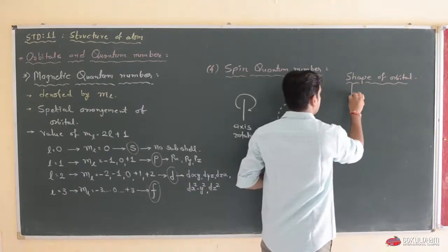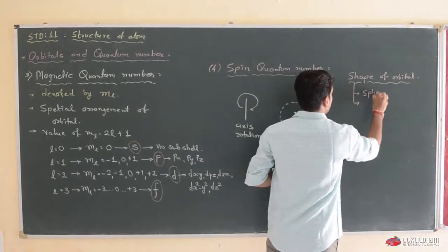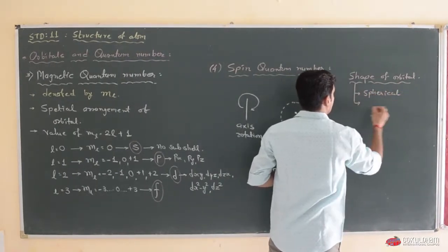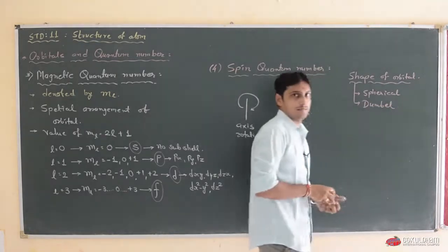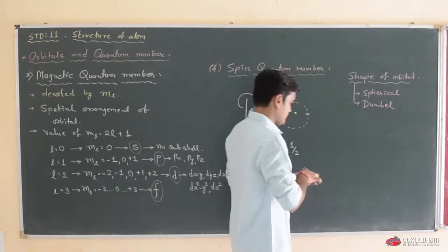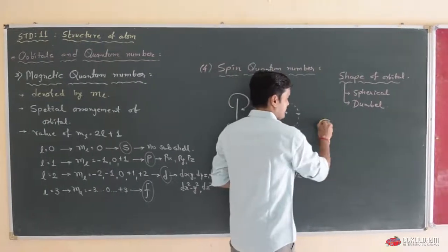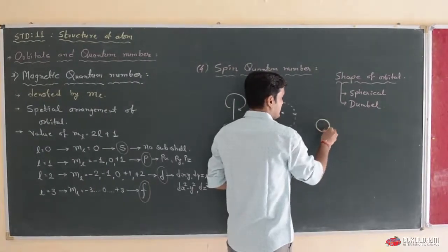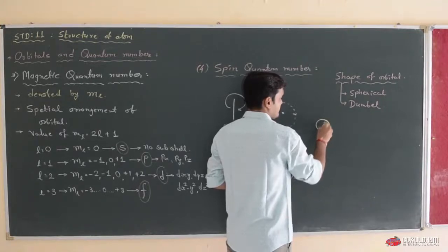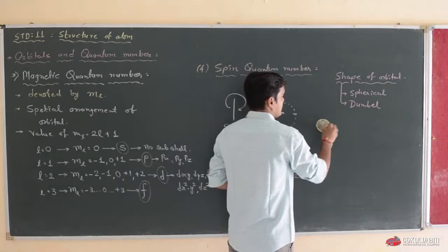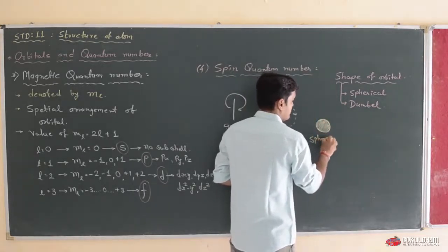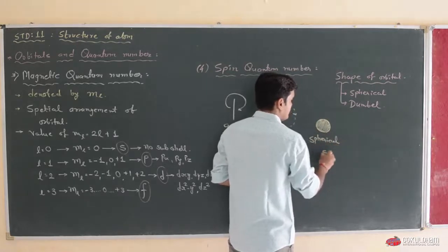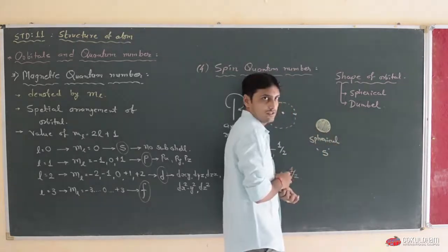Two types are there. First one is spherical. The other one is dumbbell shape. Spherical orbital means the shape of orbital is exactly like a sphere or like a ball. This spherical shape belongs to the S orbital.